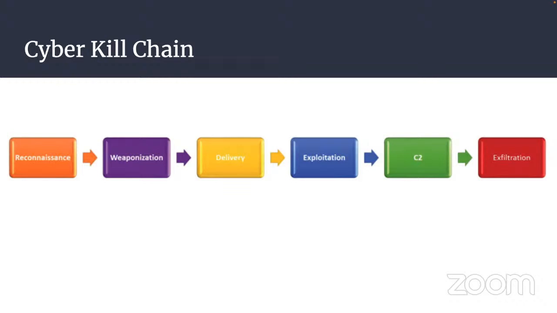It's not a silver bullet, because an adversary who is motivated will find a way to get enough information to create the right weapon against our network, against our defenses. They will try to deliver in any way, shape, or form that they can. And as long as we are able to detect when an exploitation occurs, we can prevent the command and control and exfiltration.